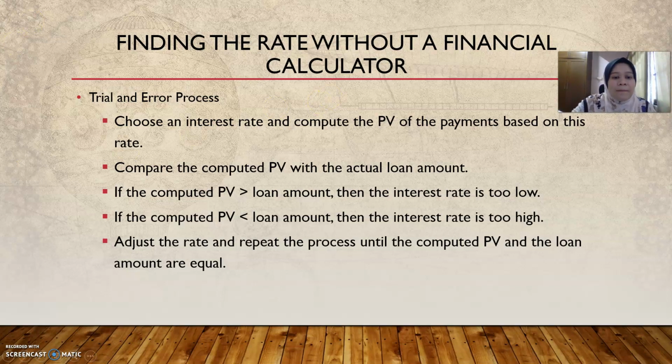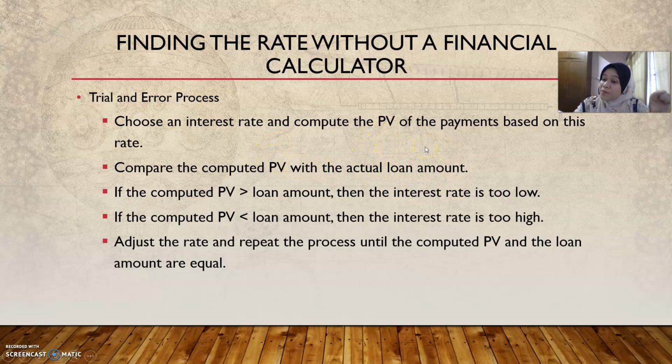Then compare the computed present value with the actual amount. You use the interest rate, compute the present value, and compare it with the loan amount stated inside the question.